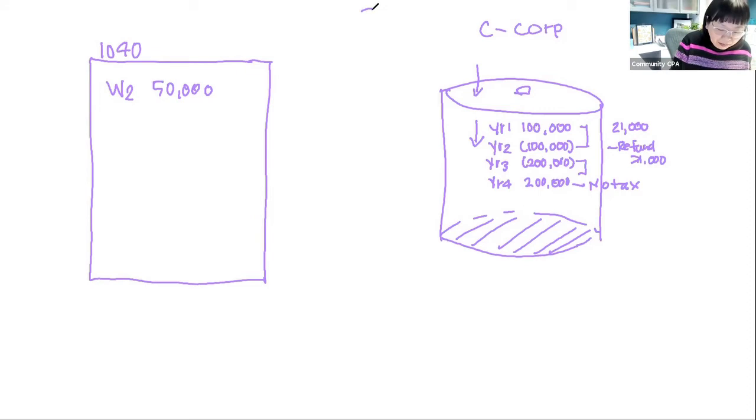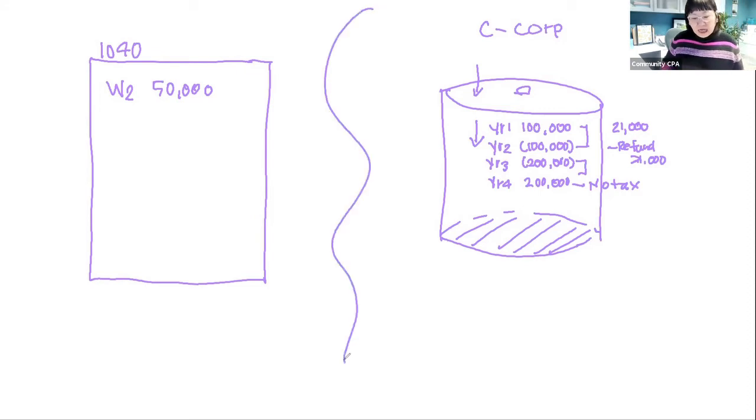I want to separate these two. I want business to be just business. What if I lose, you know? So I can write it off. It doesn't affect me personally. And I want my life to be so simple. And that's how you do it. You have a C-corp, so it doesn't relate to your 1040.